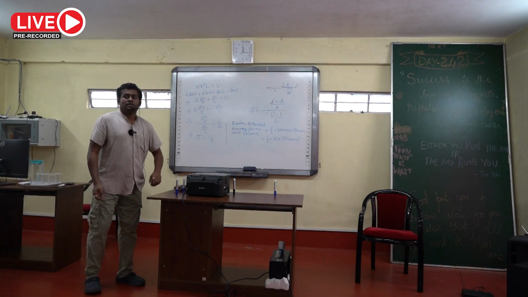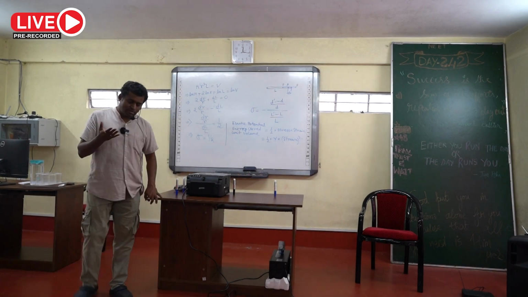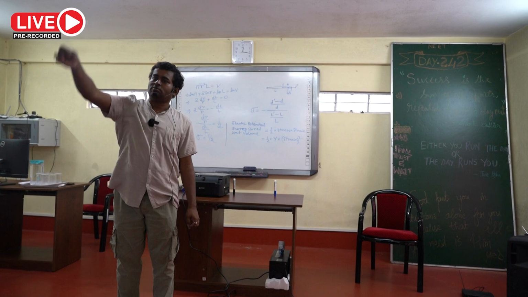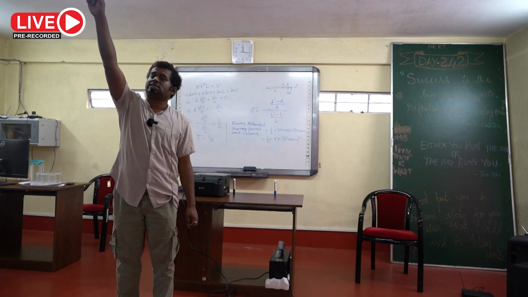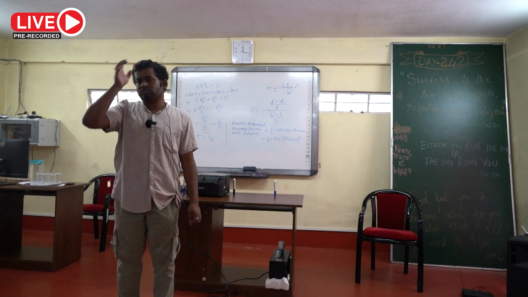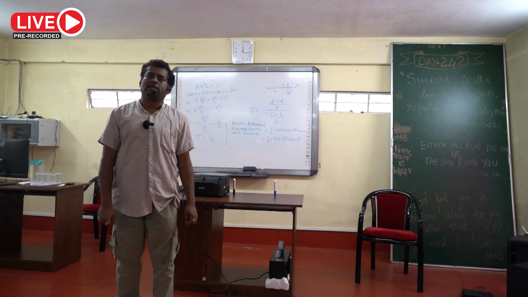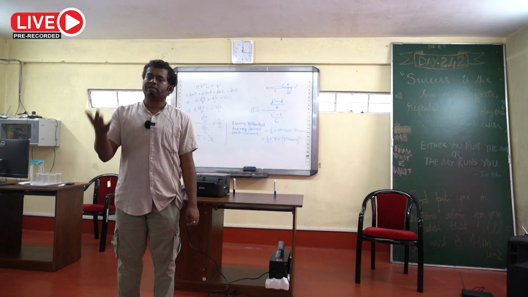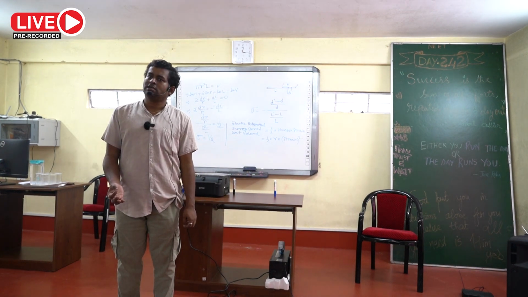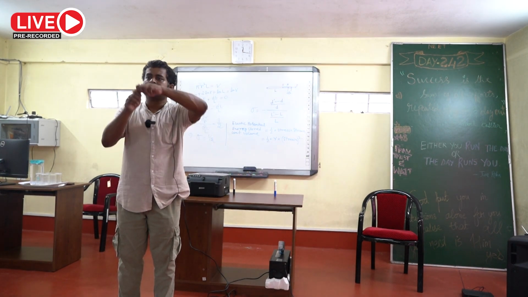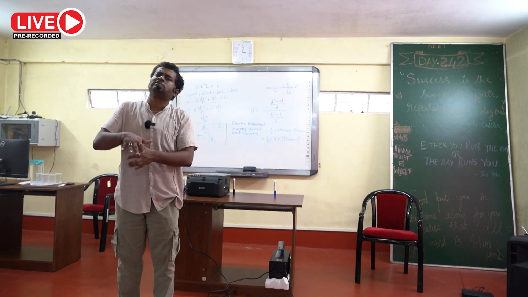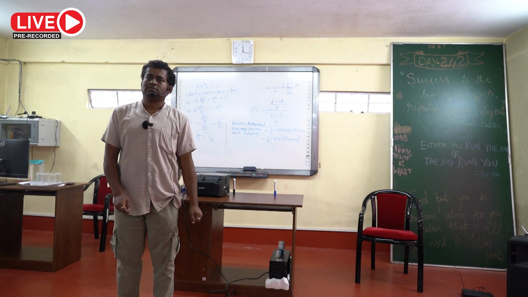Now tell me one question. Suppose there is a string connected from the ceiling, and at the bottom portion of the string a heavy load is hanged. So the string will be in stretched condition. Now suppose you keep increasing the load, and suddenly the string snaps.